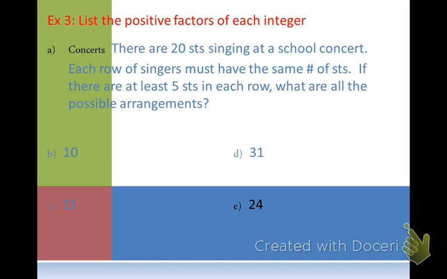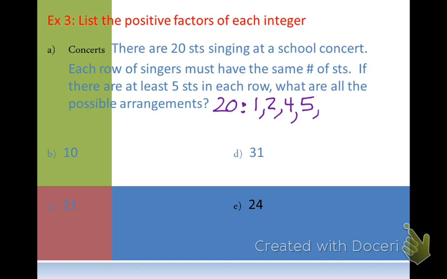So we first need to find the factors of 20. I always write down the number, and then a colon, and then I write down the factors. 1 goes into 20 evenly, 2 goes into 20 evenly. Does 3? No. 4? Yes, it does. 4 times what? 5.